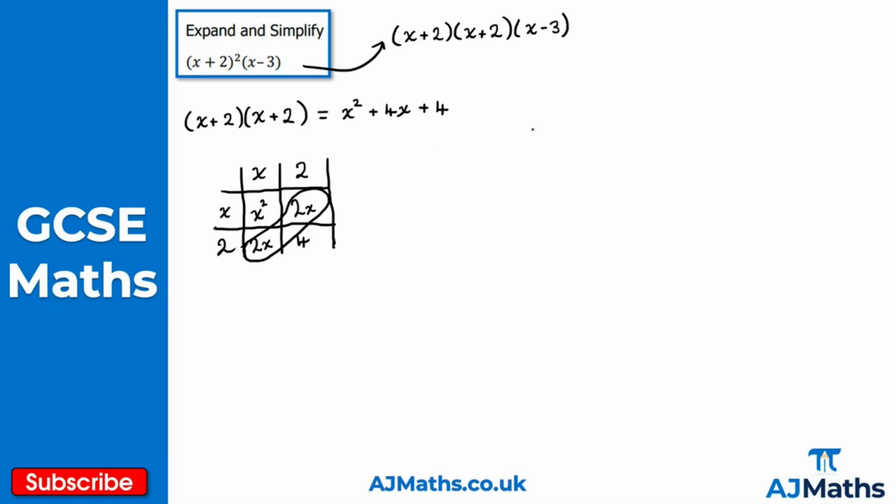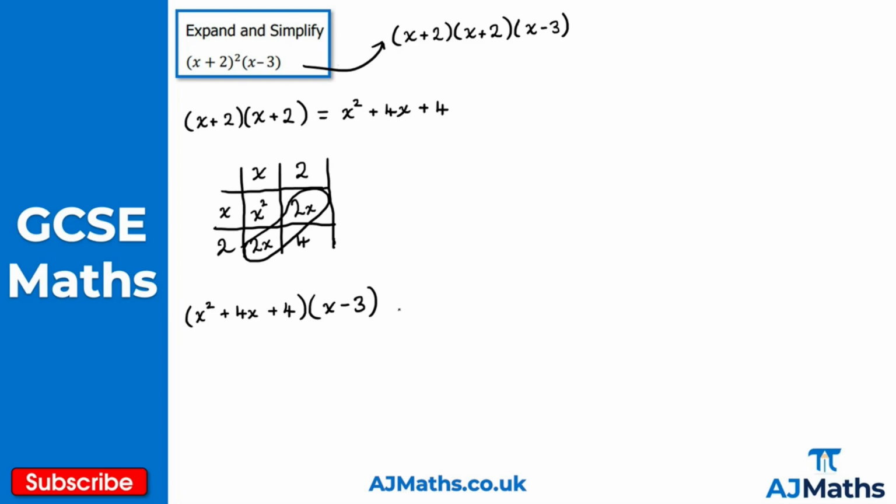So what I need to do is take this quadratic and multiply that with this last bracket, this x minus 3. If we do that underneath, I've got x squared plus 4x plus 4, and we times that by x minus 3. So again, I'm going to use the grid method to do this.